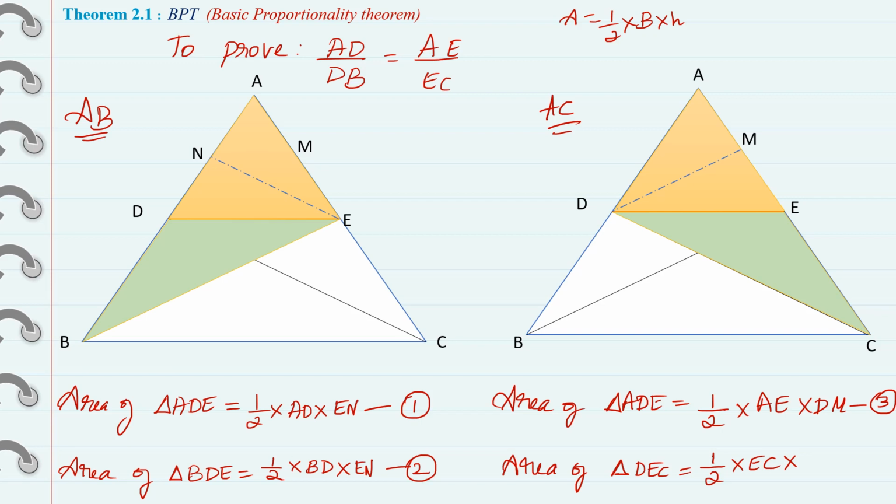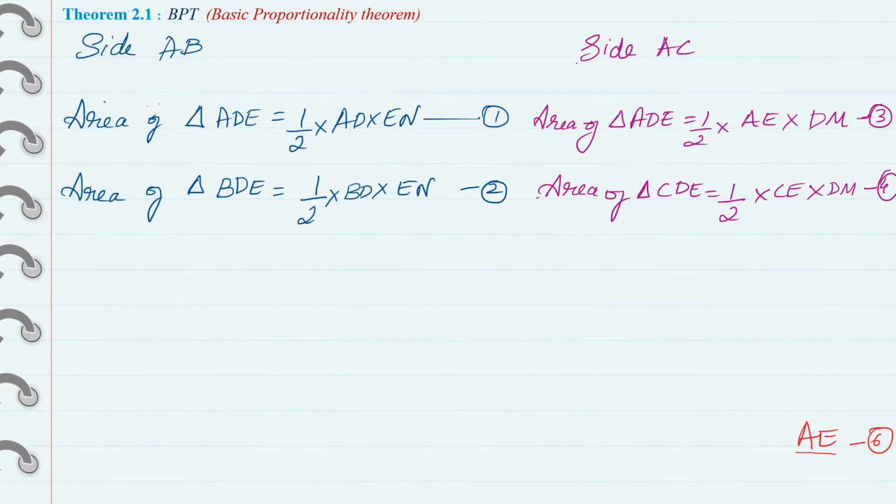Height of this triangle is DM. Equation number 4. From the AB side, we got two equations, equation number 1 and equation number 2. And from the AC side, we got equation number 3 and equation number 4.